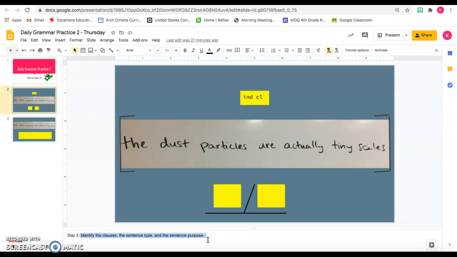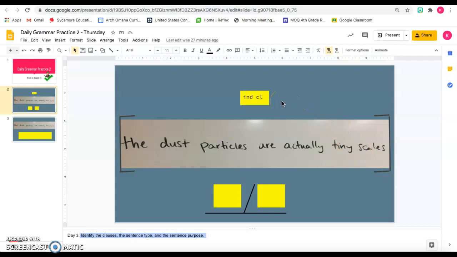the sentence purpose. Now, as I mentioned last week, we will talk more about independent and dependent clauses later in the year. So for now, I'm still just going to give you the clauses of our sentence. This sentence has one clause that we drew brackets around to show that this is our clause. And since it is a complete sentence by itself, it is an independent clause.